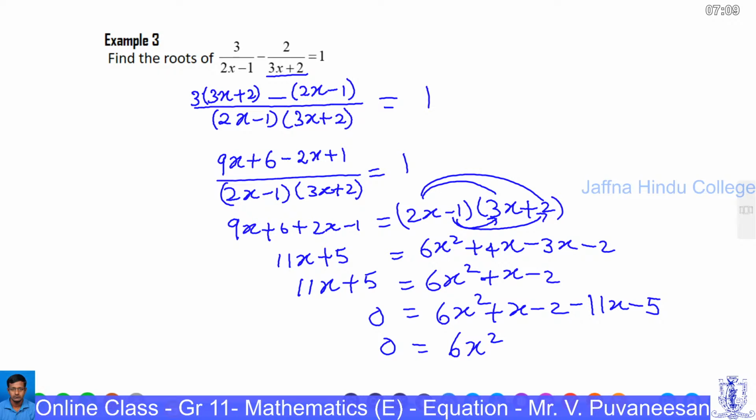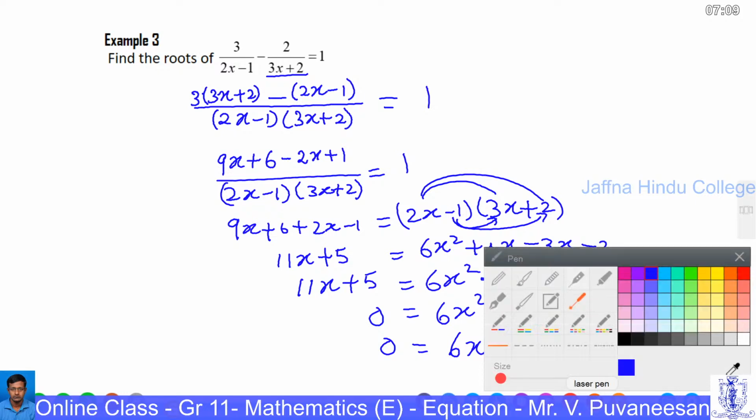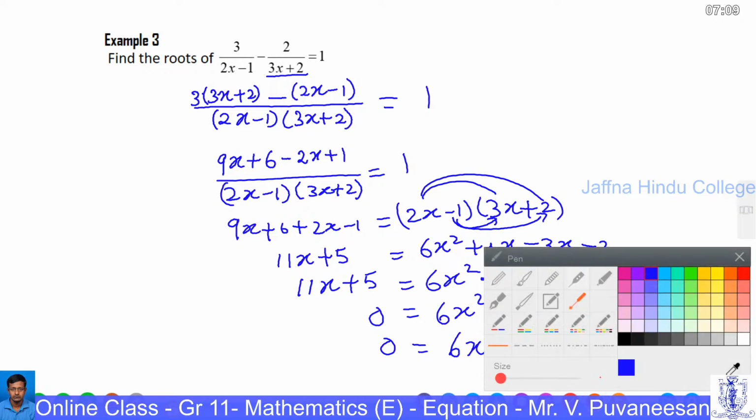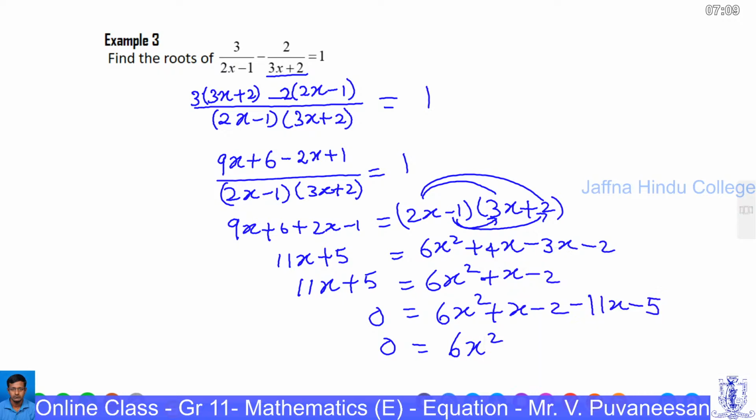Look at when I took the LCM, 3 into 3x plus 2 minus, in here I should multiply by 2, I missed. 2 into 2x minus 1, I missed the 2, so now I put 2, so this is 2 into 2x minus 1, so this becomes 4x plus 2.